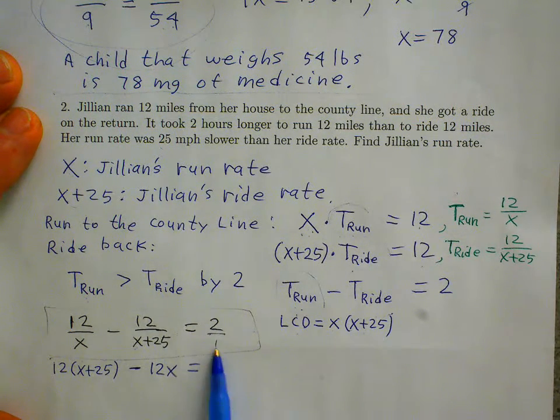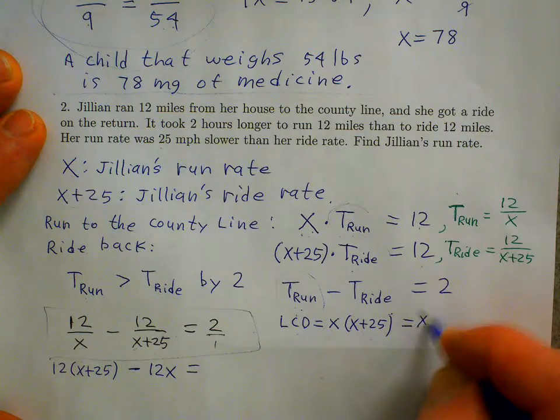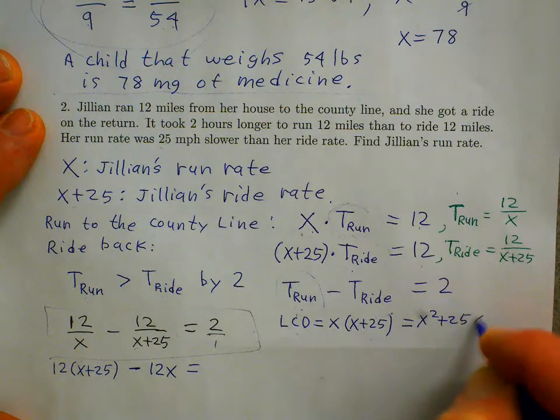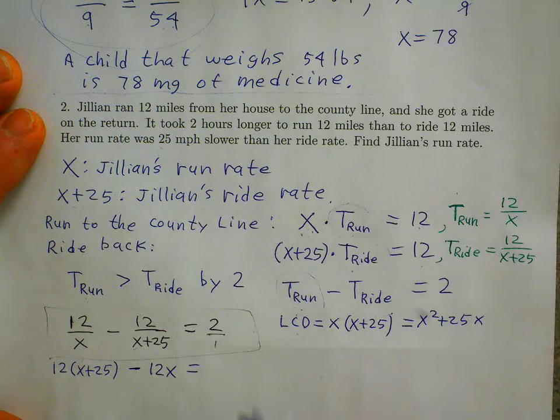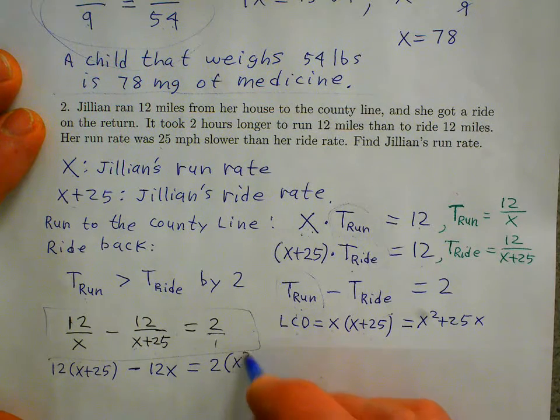And we have to multiply the right-hand side by the least common denominator also. When you multiply out x times x plus 25, we get x squared plus 25x. And we're going to multiply that by 2, so 2 times x squared plus 25x.